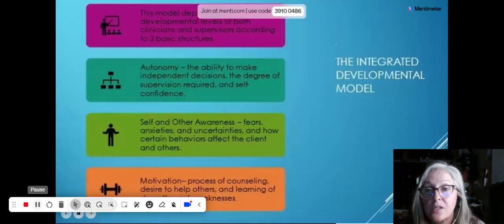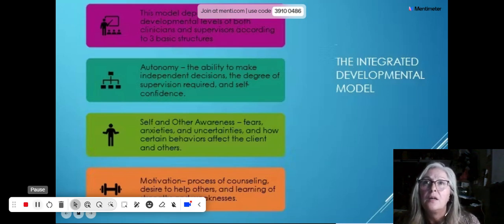The other focuses on this, I think it was in the last one, we've talked about: autonomy, self and other awareness, motivation, assessing how well your clinician can make decisions without you. What is their self-confidence level in making those decisions?